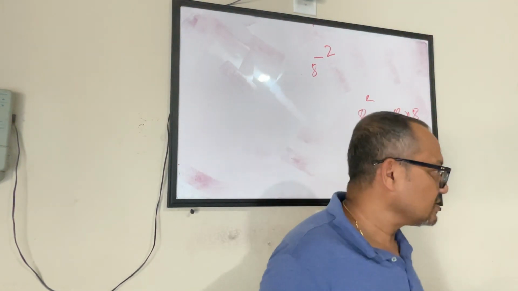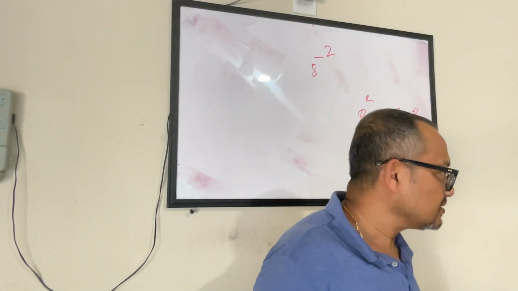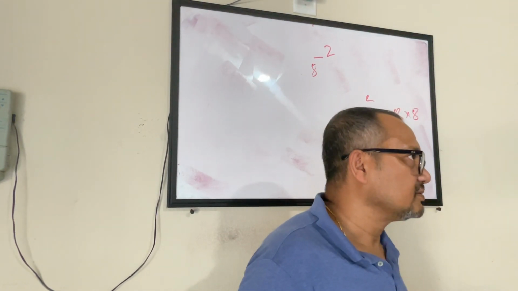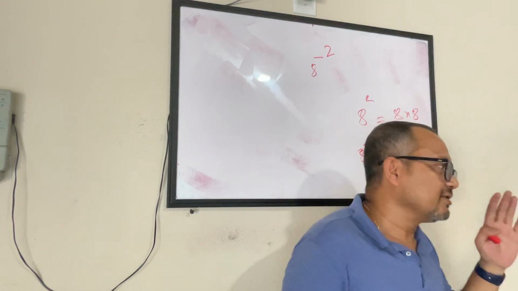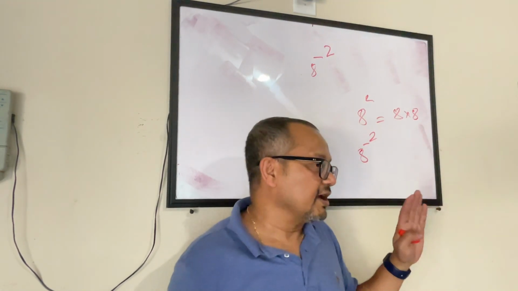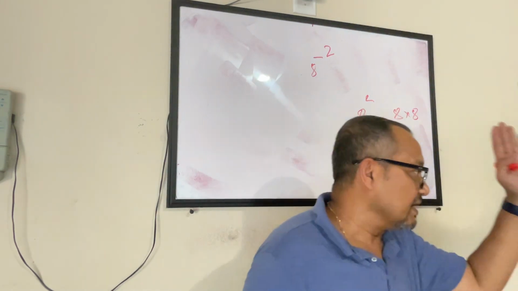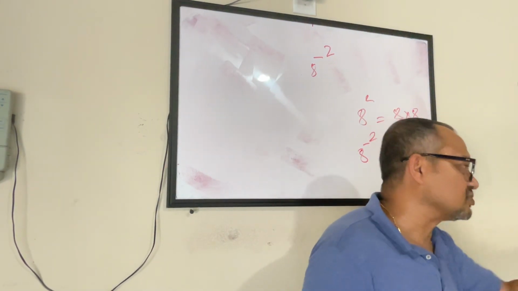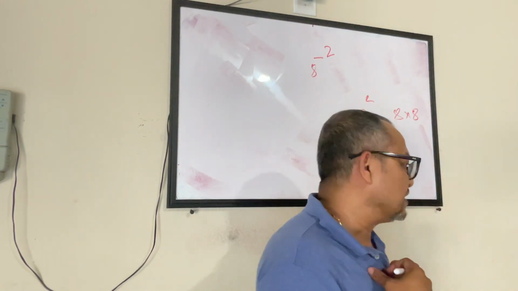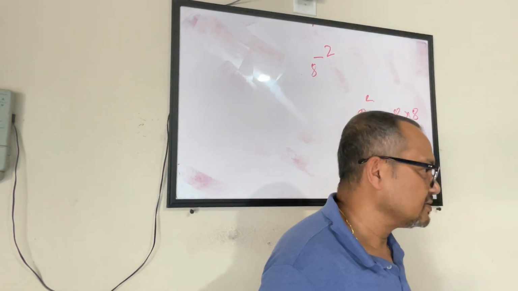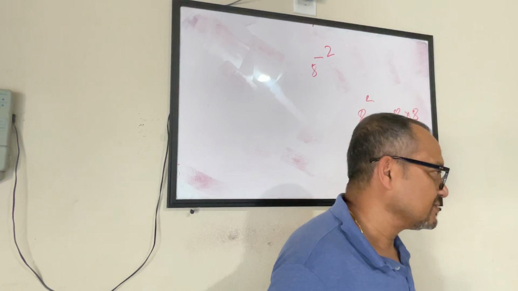It'll become negative 4 because positive times negative times negative. I'll come to three of you, okay? So I might not be able to cover this. Can you explain that in simple terms to me? I should say I'm not a very intelligent guy, I'm a very dumb guy. Now you teach me. So basically 8 to the negative 2.